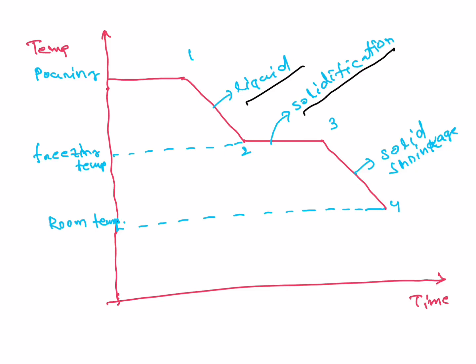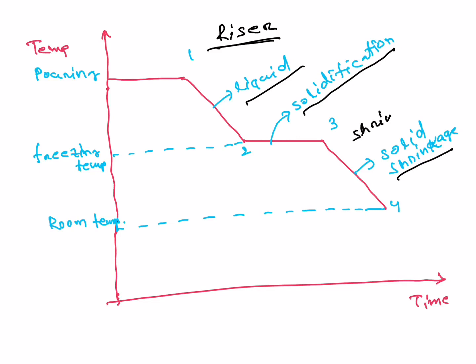Liquid shrinkage and solidification or phase transformation shrinkage compensated by your riser. This one also very important. And your solid shrinkage from freezing temperature to room temperature, that shrinkage compensated by your shrinkage allowance.